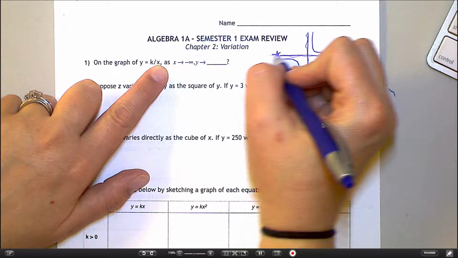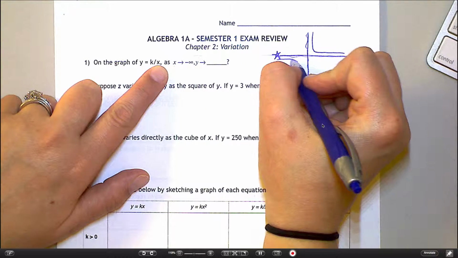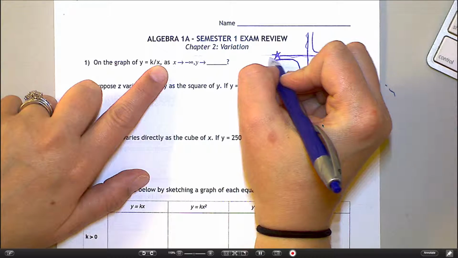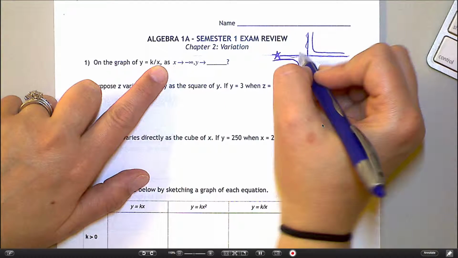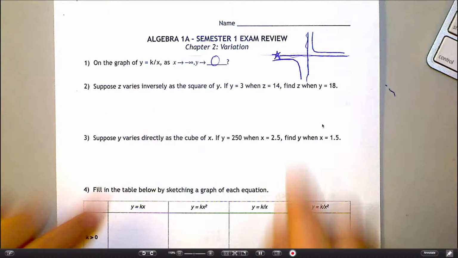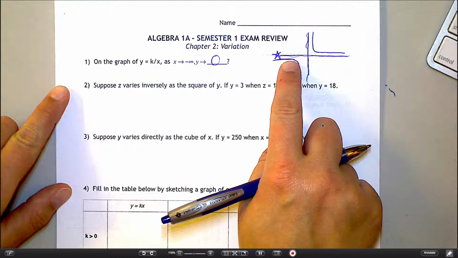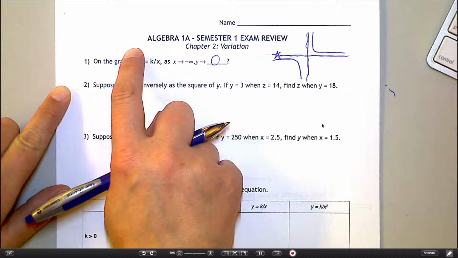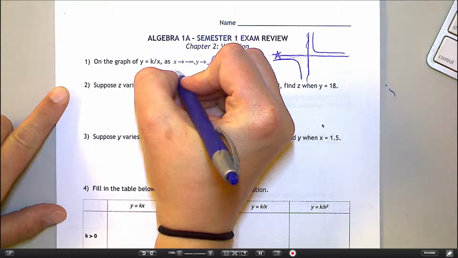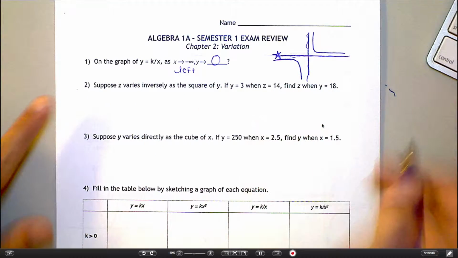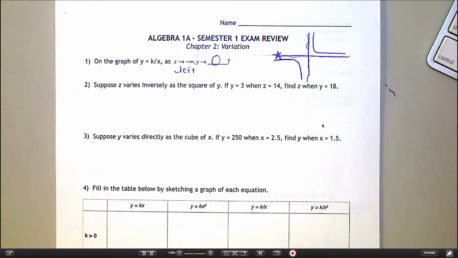So as you walk out in this direction, we're looking at this branch of the graph, it's going to get closer and closer to that line, and that line's y value is 0. So as you walk out forever to the left, what's happening to your graph? It's getting closer and closer to 0 on the y-axis.